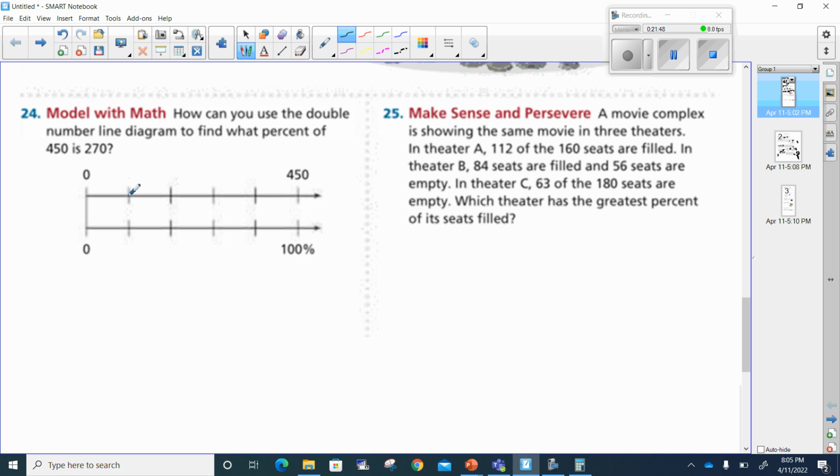We're looking at these lines, we see there's 1, 2, 3, 4, 5. So they're splitting these up into 5. If you take 450 and divide it by 5, you're going to get 90, because 9 times 5 is 45. So each one of these is going to be worth 90.